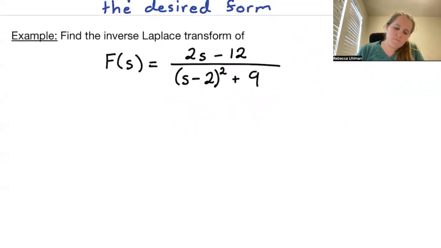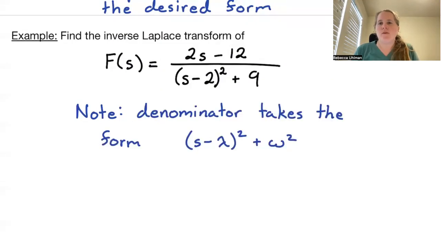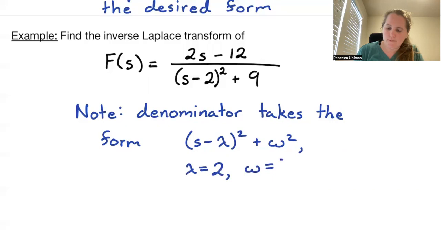So note the denominator takes the form s minus lambda squared plus omega squared, where lambda is equal to 2 and omega is equal to 3.